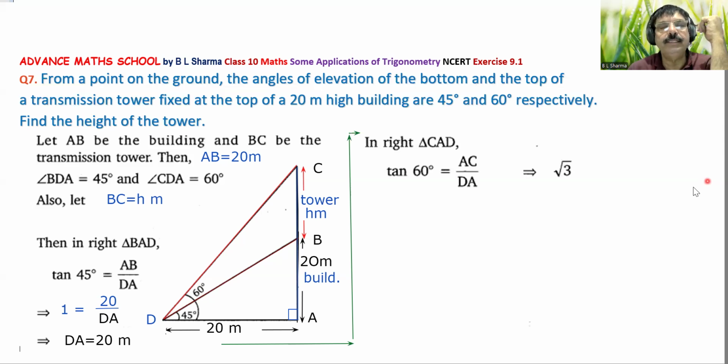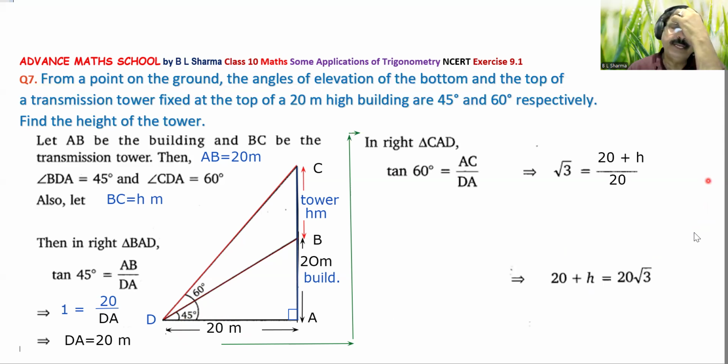So root 3 is equal to 20 plus H upon DA, and DA is equal to 20. On cross multiplication, 20 plus H is equal to 20 root 3. H is equal to 20 root 3 minus 20. So take 20 common, that is root 3 minus 1.